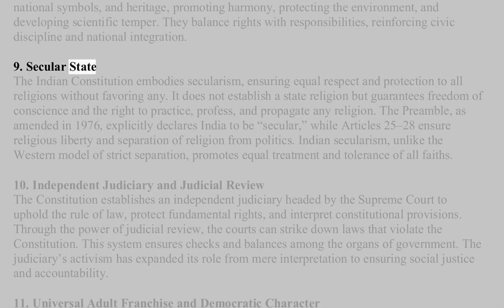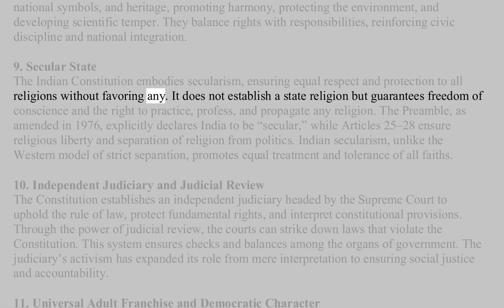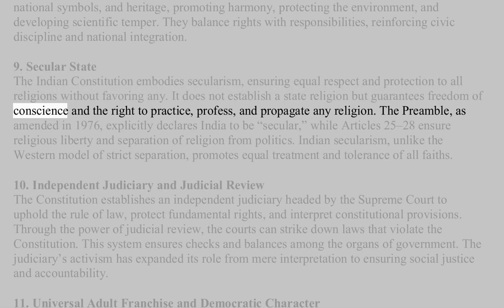9. Secular state. The Indian Constitution embodies secularism, ensuring equal respect and protection to all religions without favoring any. It does not establish a state religion, but guarantees freedom of conscience and the right to practice, profess, and propagate any religion.